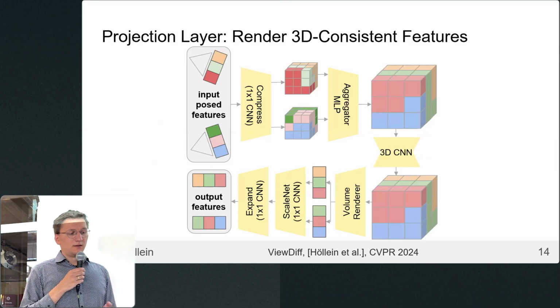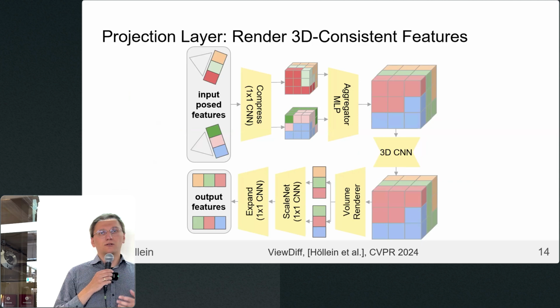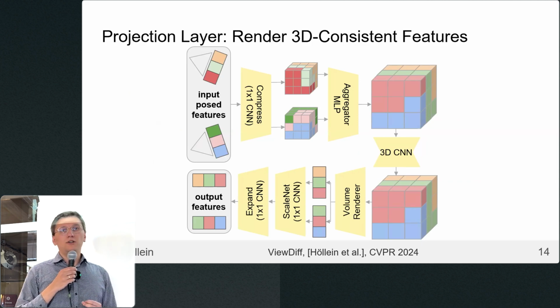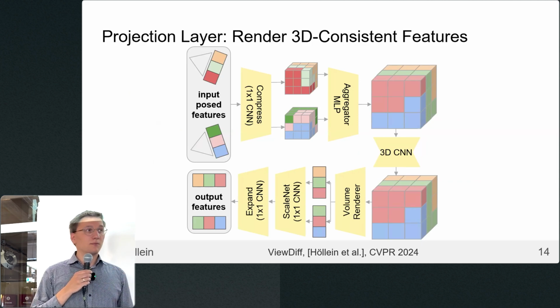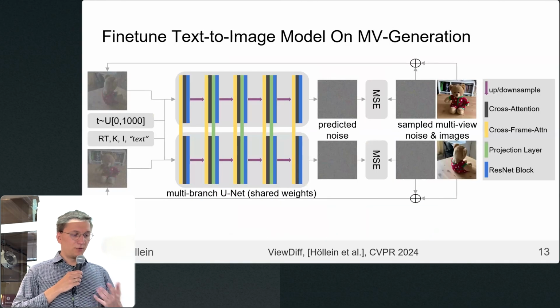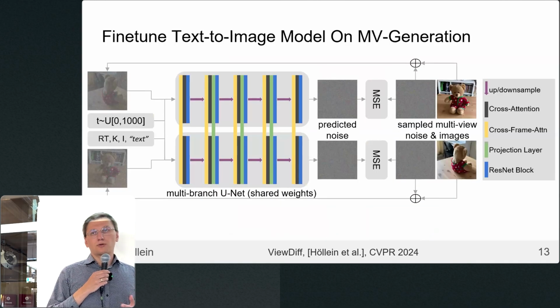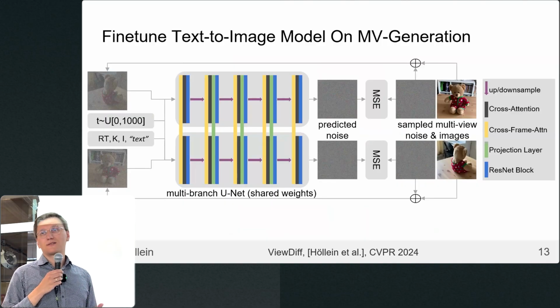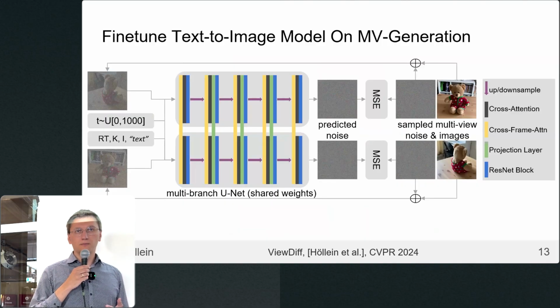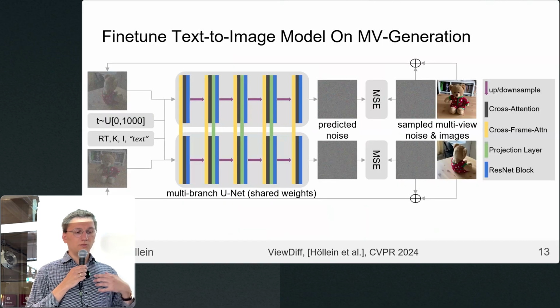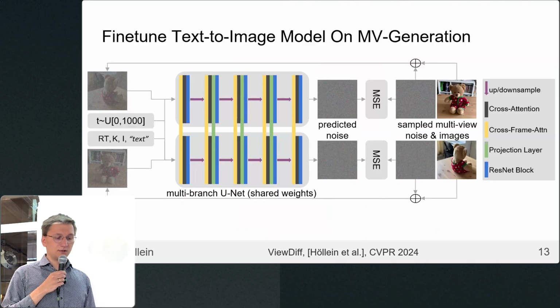And by design, this ensures that the features that the UNet is operating on are 3D consistent because they come from the same 3D voxel grid. And what this gives us is the opportunity to train this model on 3D datasets. We use object-scale datasets from the Co3D dataset to denoise multiple images at the same time.